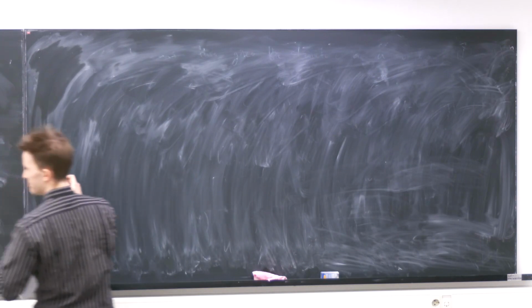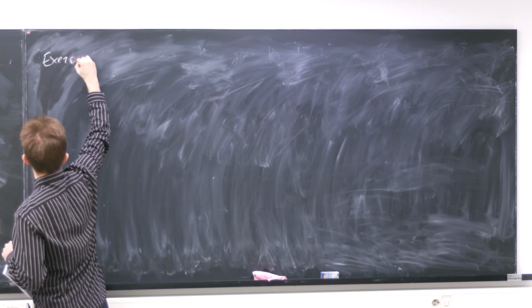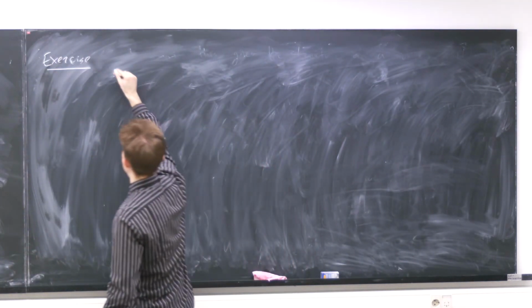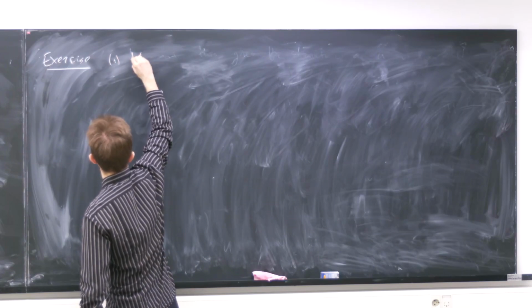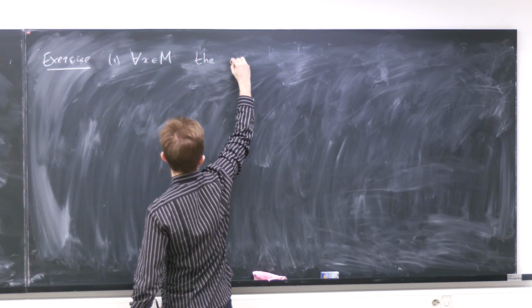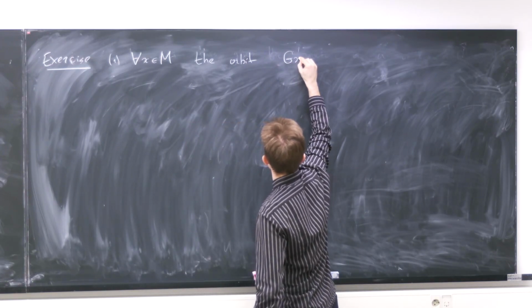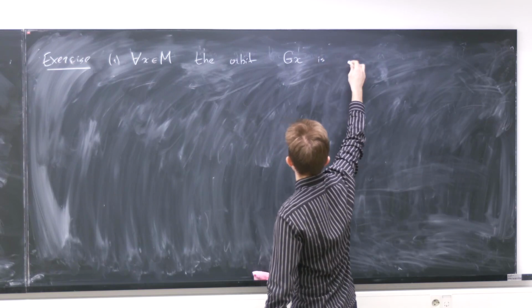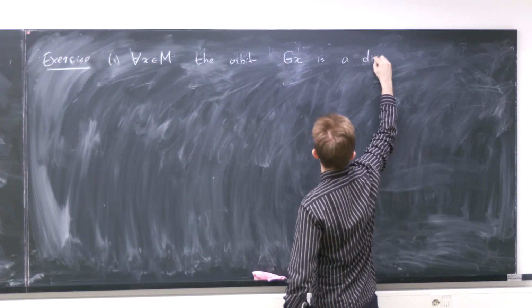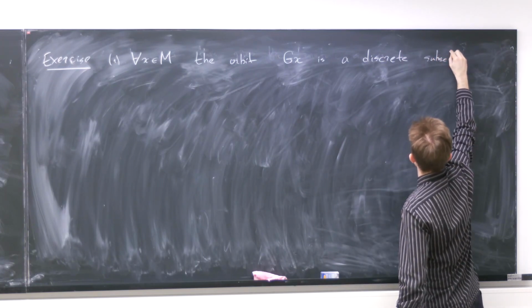Exercise: first check that for any x in M, the orbit is a discrete subset of M.